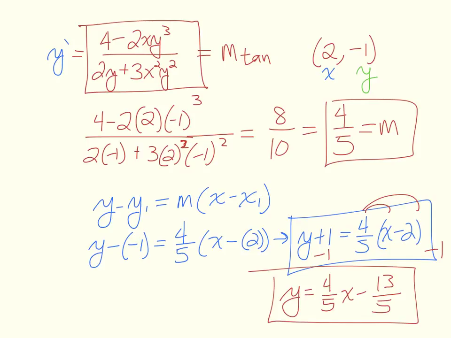Either one of these answers is a good answer, and this is the equation of the tangent line on the original curve at the point (2, -1).